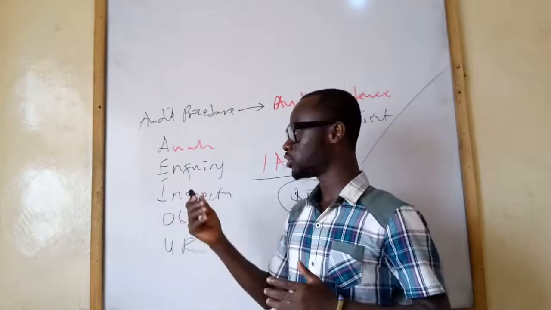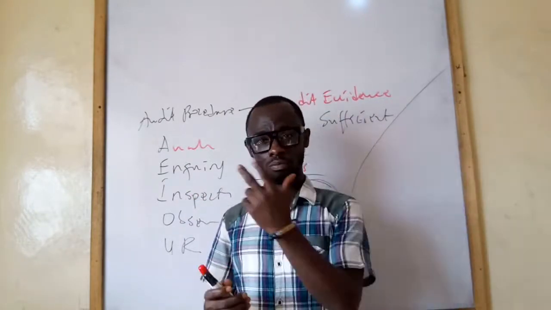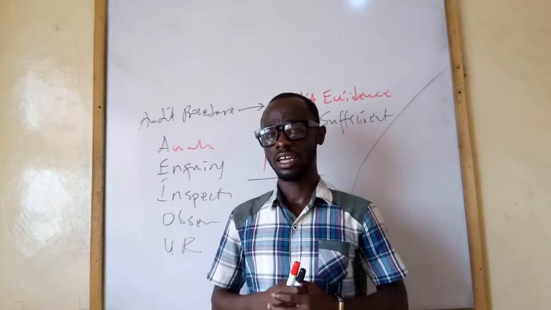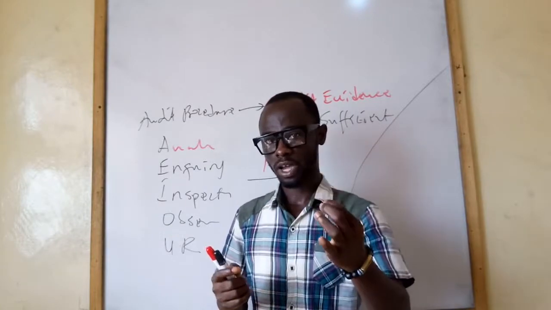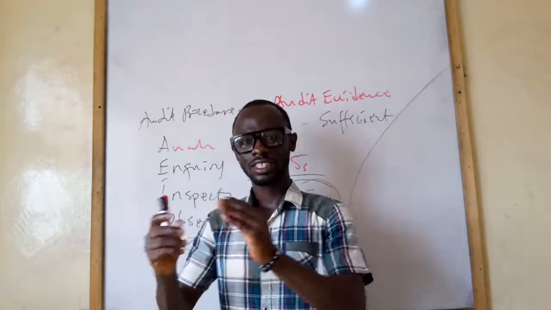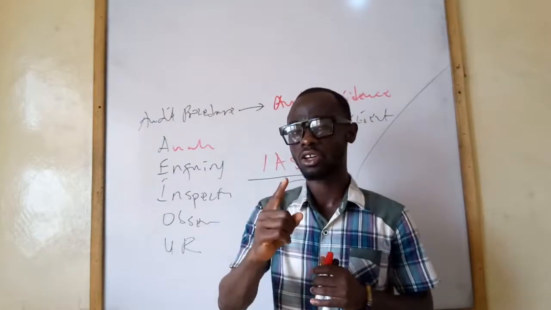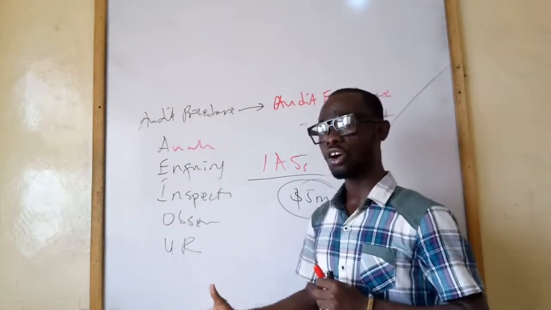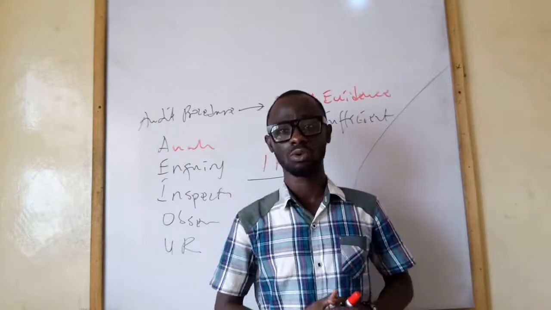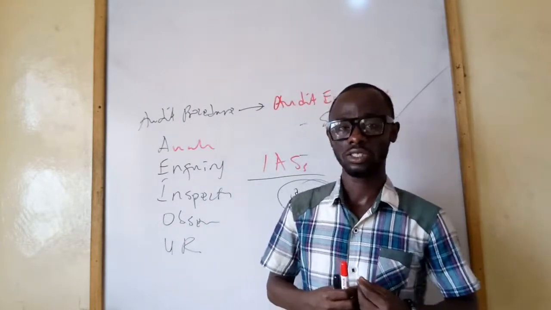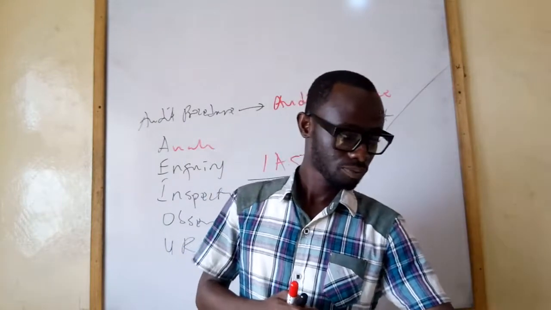What audit procedure must you undertake to ensure that the computer or the accounting system in place in the organization is working well? So all these things are solid questions that the examiner is going to ask you, and in carrying out all those things, you're going to be undertaking audit procedures, and you're going to be undertaking what we call substantive procedures as well. And we're going to be looking at all these things as we continue.